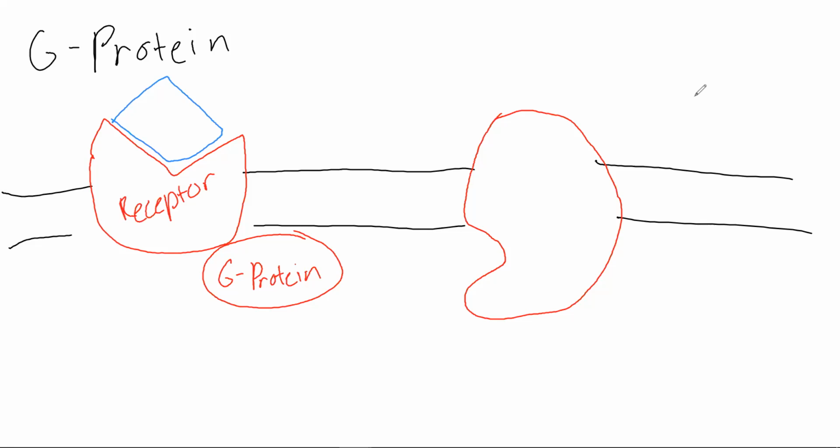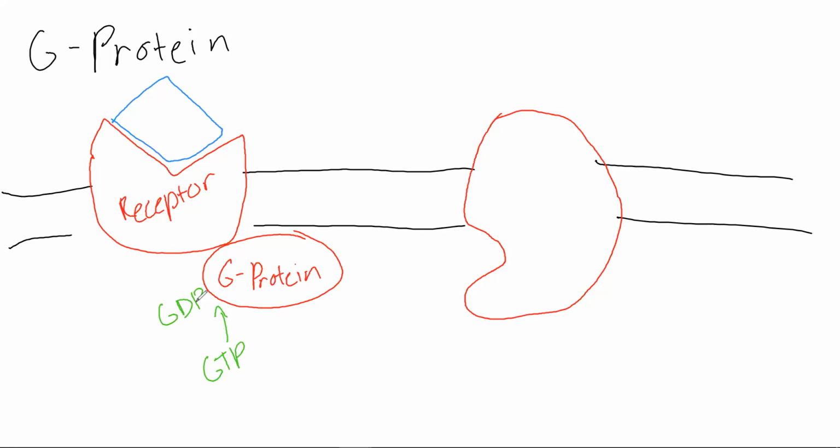So in order for this G protein to properly activate, a new compound called GTP, similar to ATP, but with G base instead, is then going to replace a different compound called GDP.